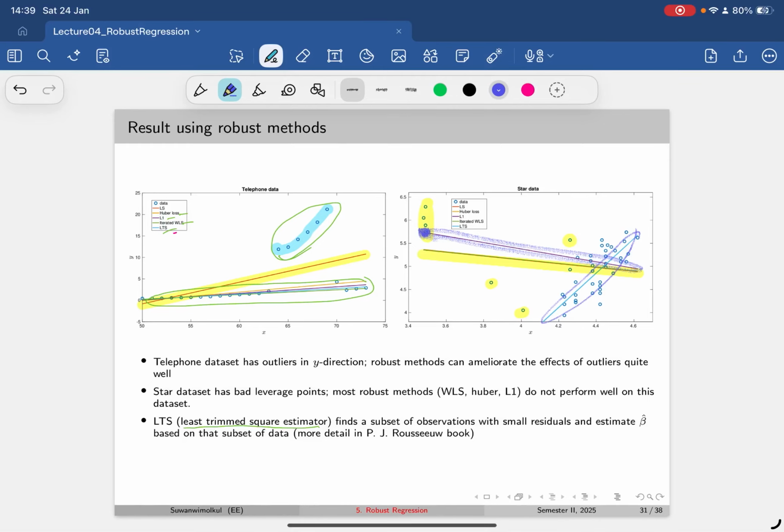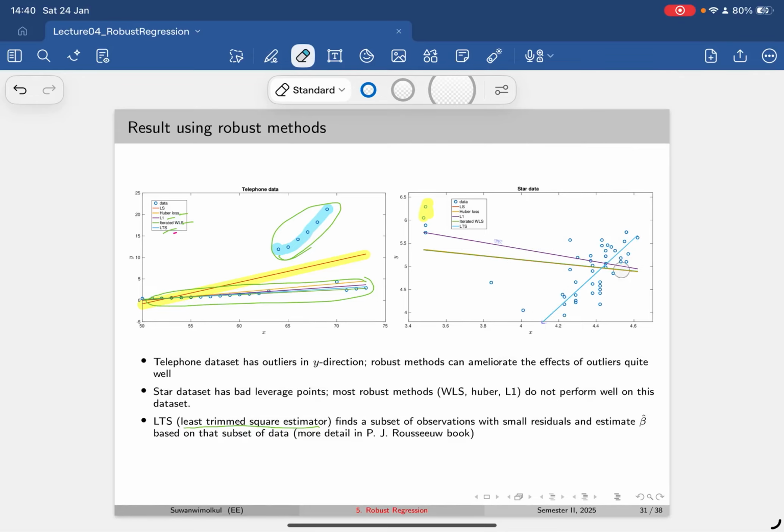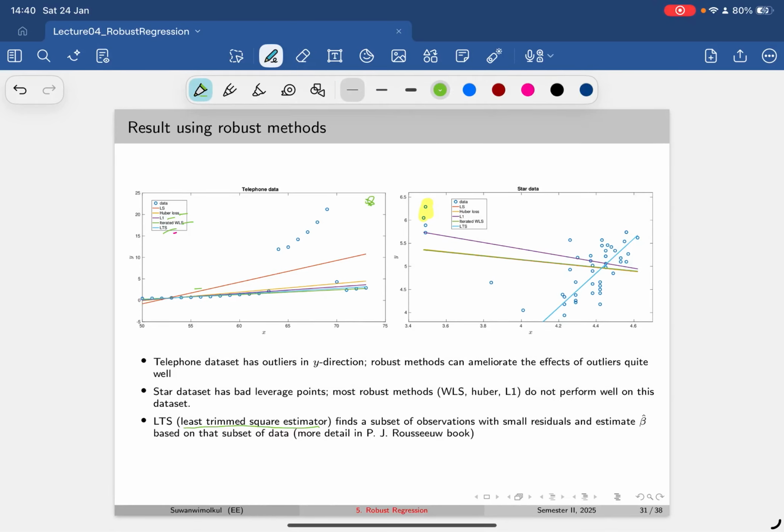So, maybe what you should take from this slide is that one thing you could do is run the generic least square for the linear regression and see whether you get different results, to see whether there is some divergence, such as in this case. If not, maybe you have to try other algorithms.